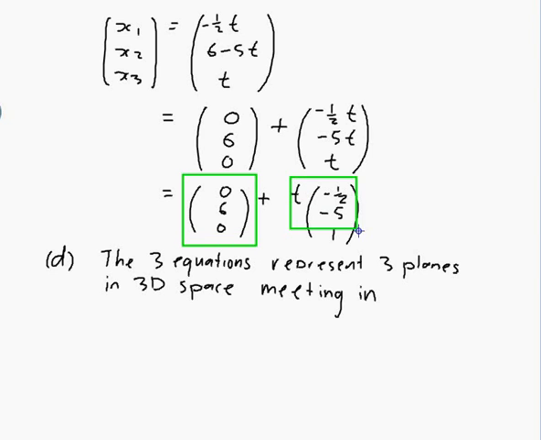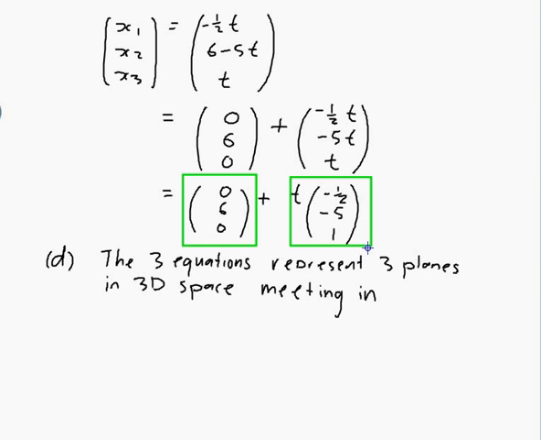And we add on minus a half, minus 5, 1, which would move to a new point. And then we'd add on 2 of that, and 3 of that, and 4 of that, and minus 2 of that, and minus 1, and a half of it. And if we add on enough of those, we'll be able to see that it makes a line. This set of points is a line in three-dimensional space, which you would expect.